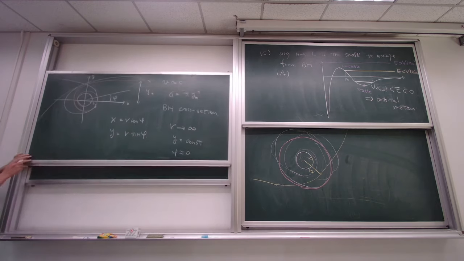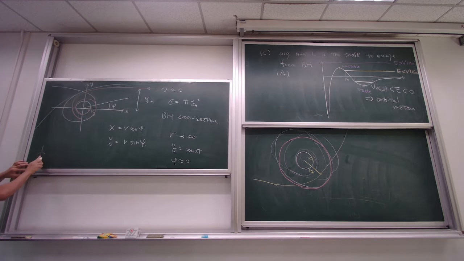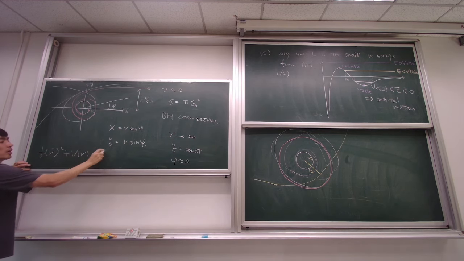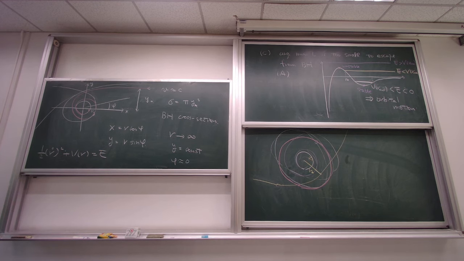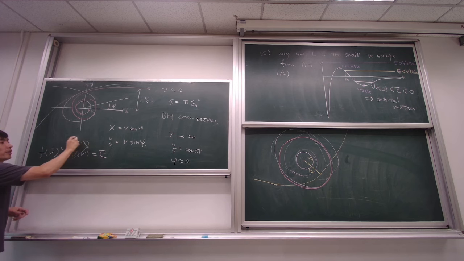We know that one half r dot squared plus V of r is equal to E, right? When r goes to infinity, V becomes 0.